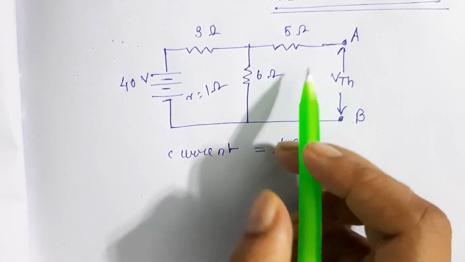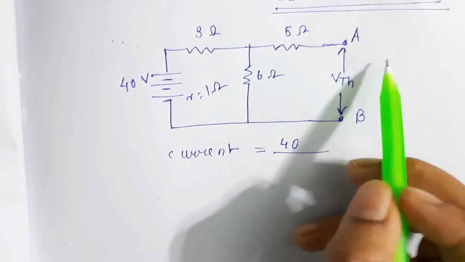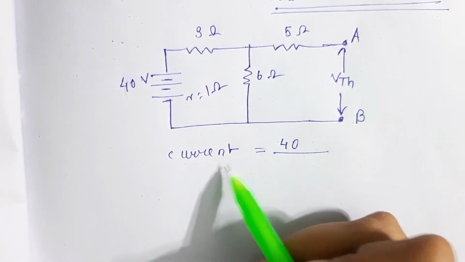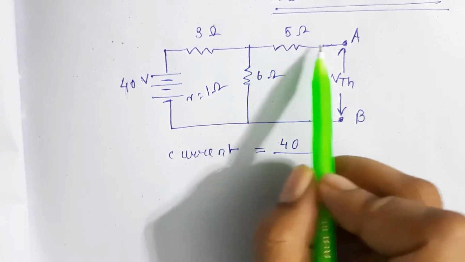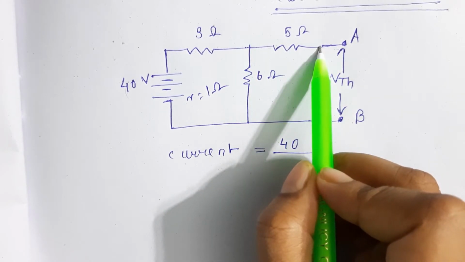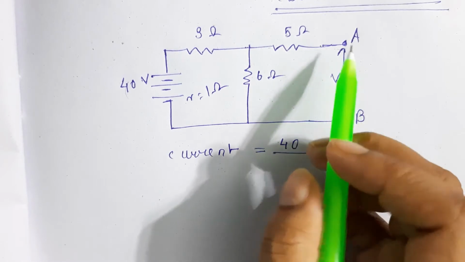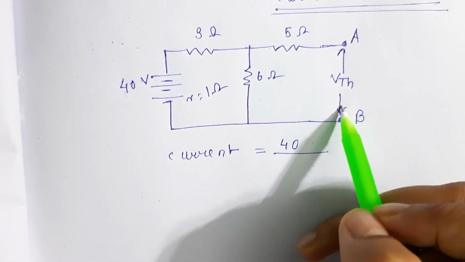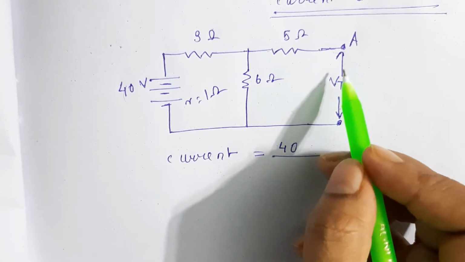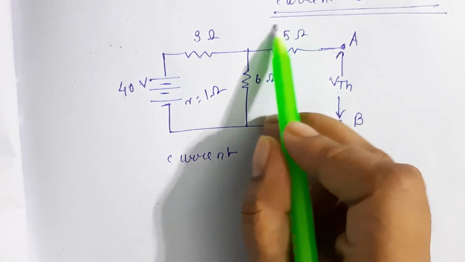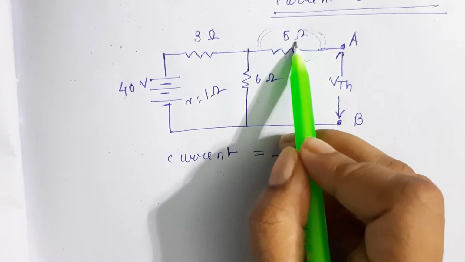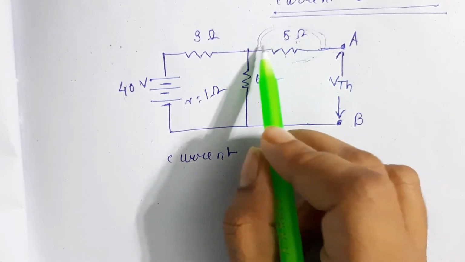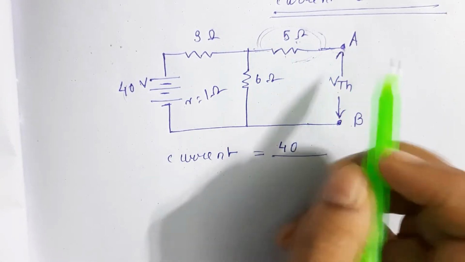If we see over here, in order to find this current, there is no drop across this 5 ohm. When the 8 ohm is removed, there will be no drop across this 5 ohm resistor, so you will not calculate it.